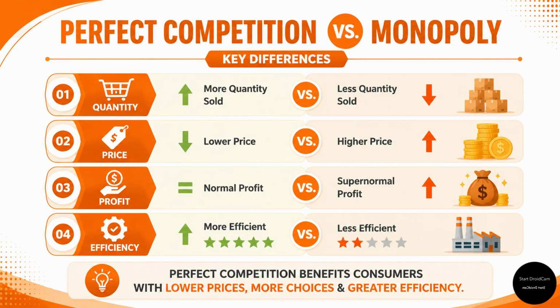And in terms of efficiency, perfect competition is presented here as more efficient while monopoly is less efficient. So, from the consumer's point of view, perfect competition generally provides lower prices, more choices, and greater efficiency.